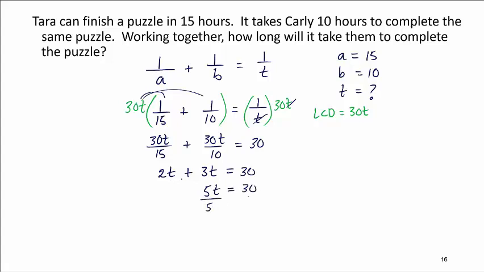I'm going to divide both sides by 5 here. T is equal to 6. So what does that mean? It's 6 hours. And so let's write our final answer in a complete sentence here.